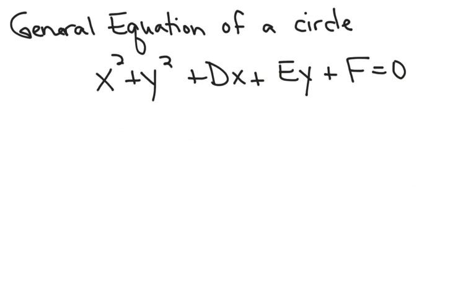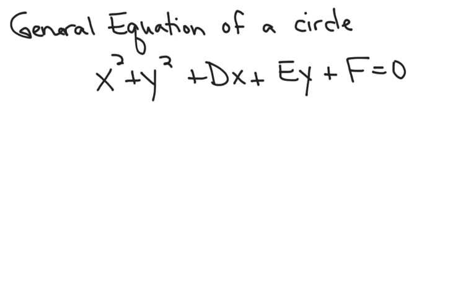What would happen if I were to take the standard equation of a circle and actually square those binomials and then combine like terms? I would get this thing called the general equation of a circle, which is x squared plus y squared plus dx plus ey plus f equals 0, where d, e, and f are just coefficients that I don't know yet.